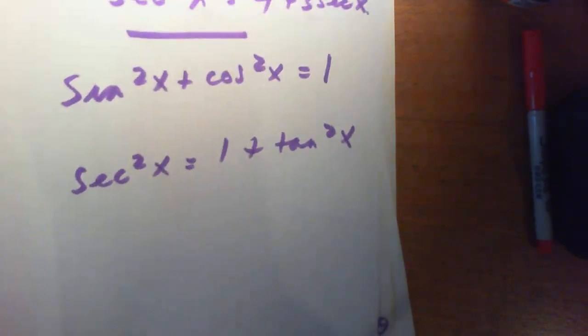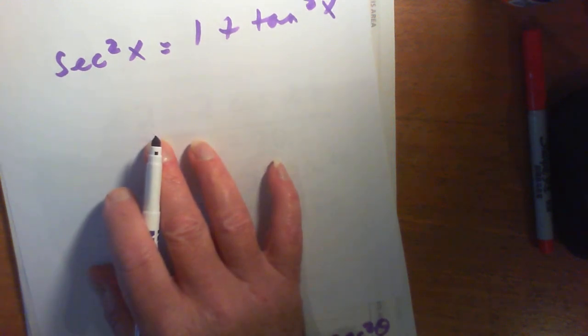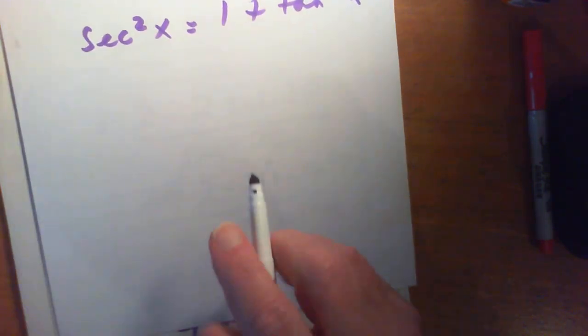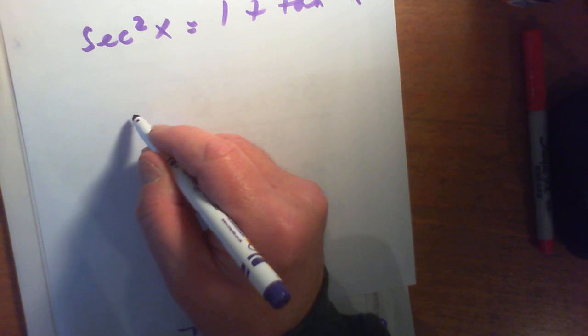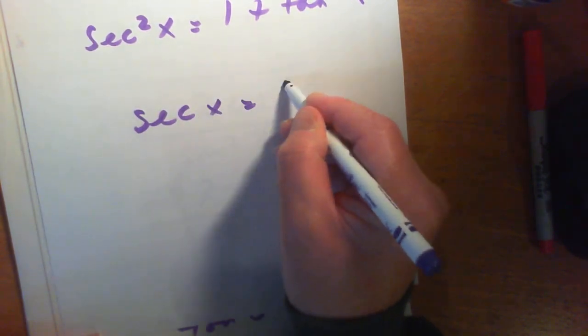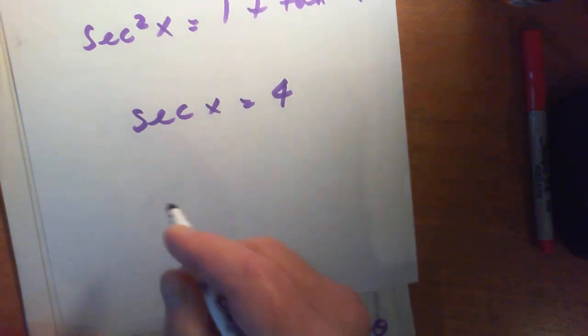So one other thing I need to say while I'm on it: because you're getting an answer in terms of sec at the end of the day, I can tell you that the answer is sec x equals 4. That's the answer you're going to get to that particular equation.